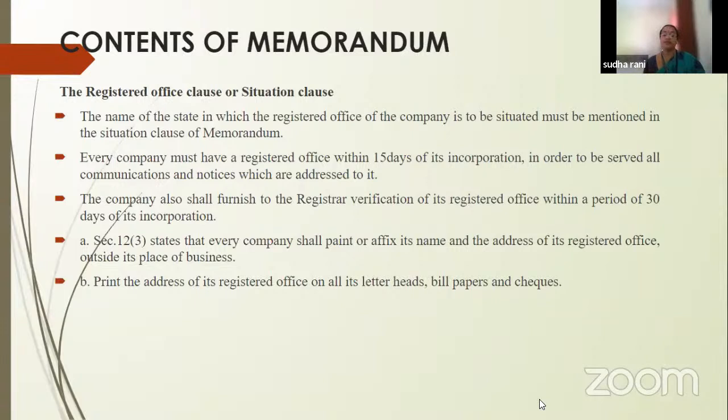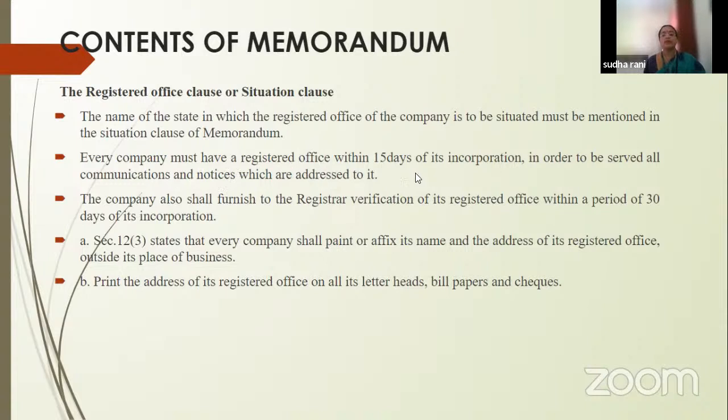Now, for giving that, we should remember these points. What are those? While giving the registered office details, one should remember these points. First one is the name of the state in which the registered office is located.